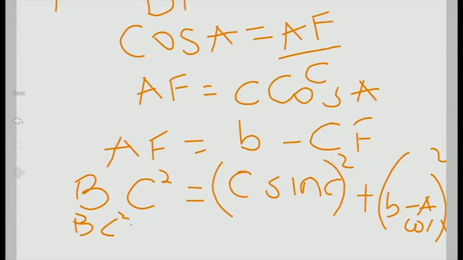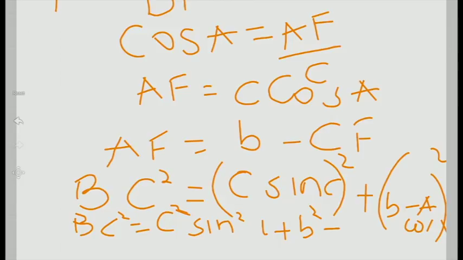BC squared is equal to C squared sine squared C plus, when we're squaring a binomial, we know we have the first term squared plus twice the product of the first term and the last term.